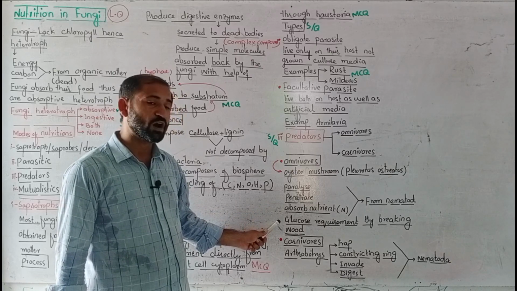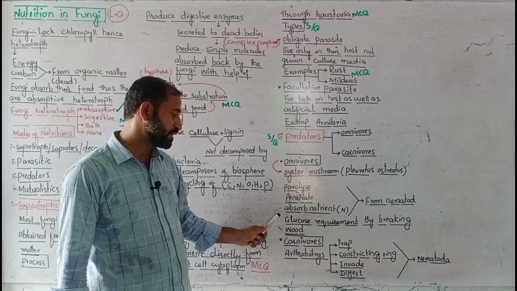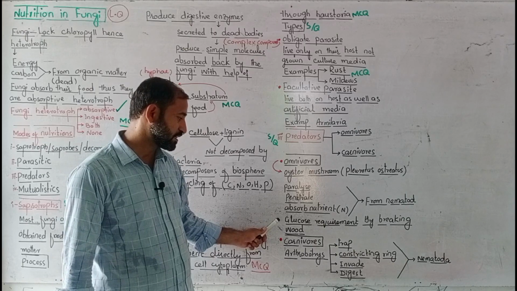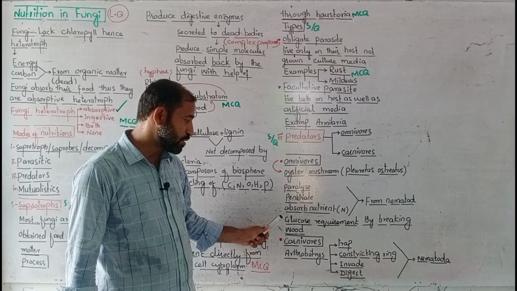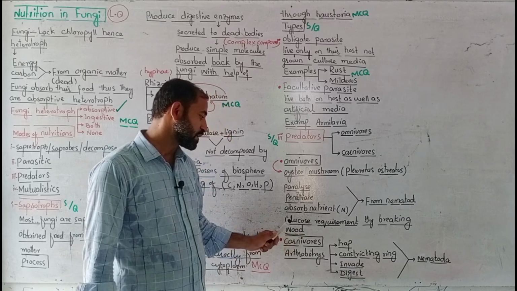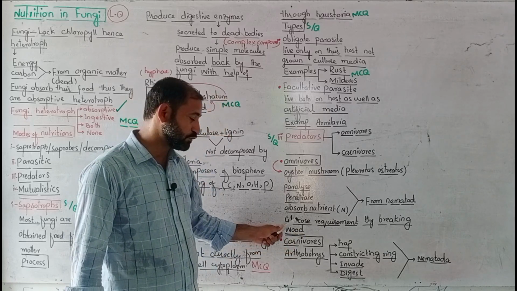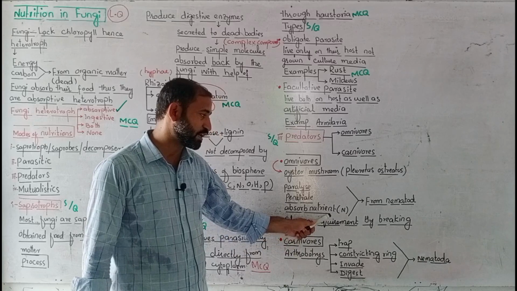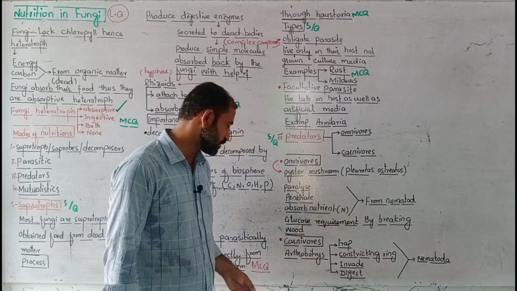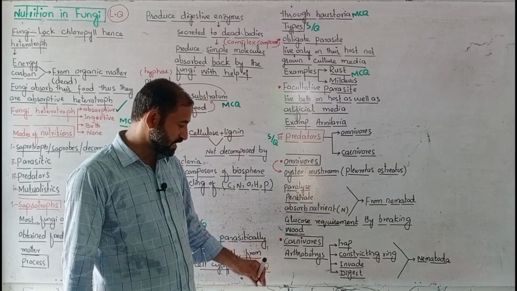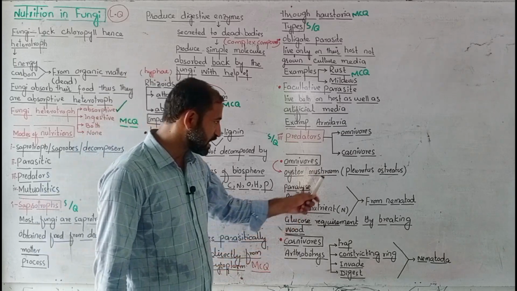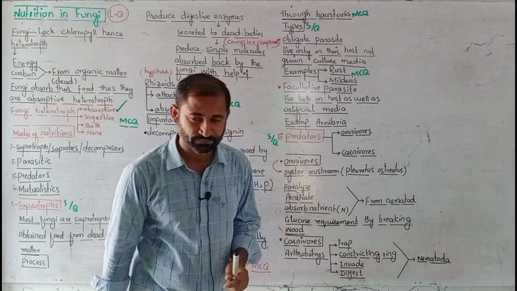But for its carbon requirement, it gets carbon or glucose from wood, and nitrogen from the nematode. The last one is carnivores. Carnivores are animal eaters.